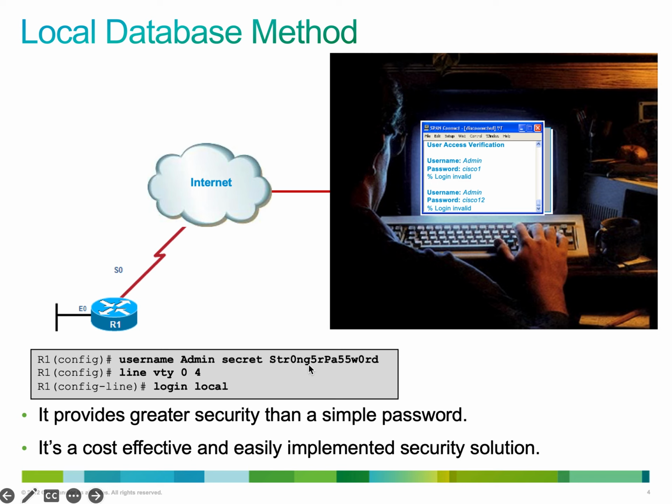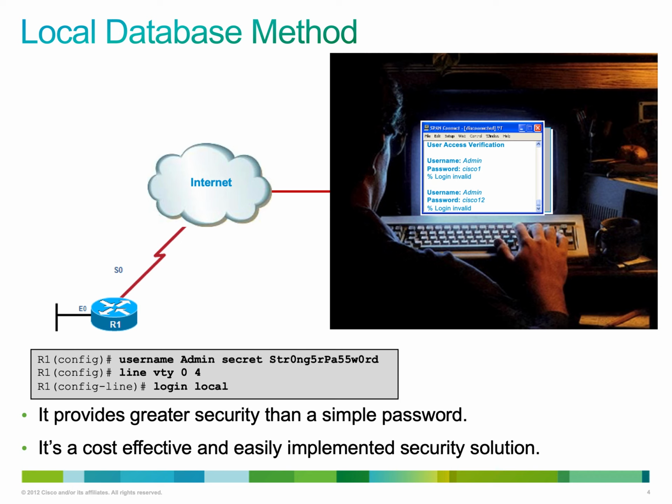After secret, you put the password that you want to enter. Then you go to the next one. You have to configure the lines and the ports. So Router1(config)# line vty 0 4, then Router1(config-line)# login local. This is what you do for the local database method.